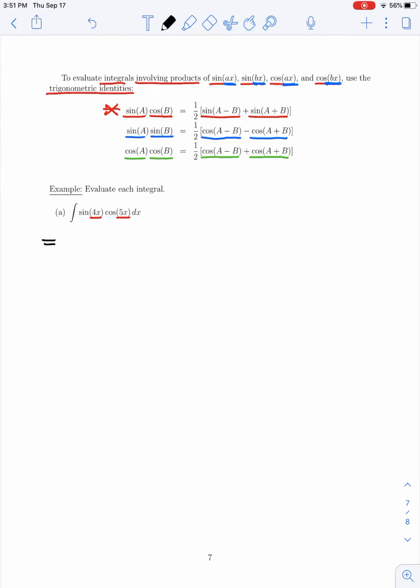So let's rewrite this as the integral of 1/2 of sine of a minus b. Here a was the argument of our sine function, so we have 4x, and then we're subtracting b, the argument of our cosine function, 5x, plus sine of the sum of a and b, that is 4x plus 5x.